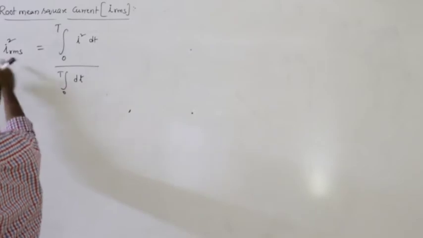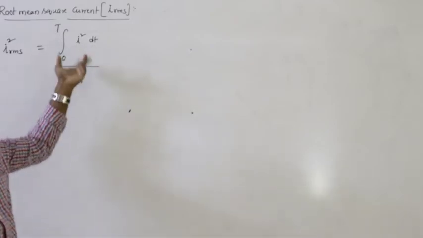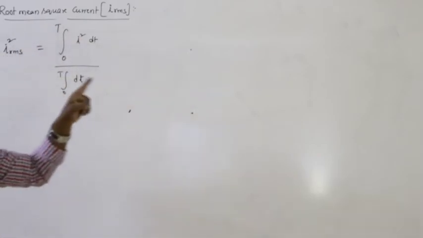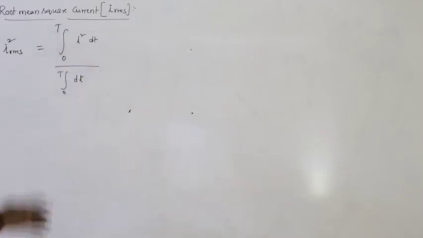It is defined for complete cycle, that's why the limits must be 0 to T. Because here I am considering I square, root of dt is not possible. That's why after calculating this, then we can apply the square root, not a problem.